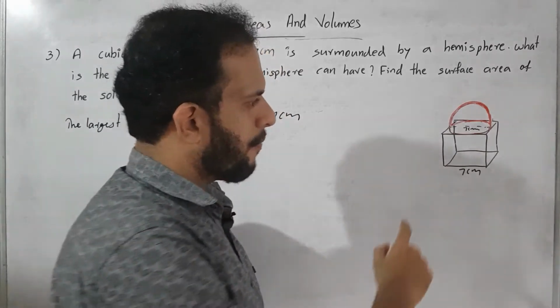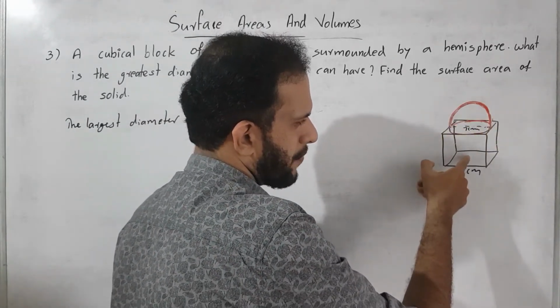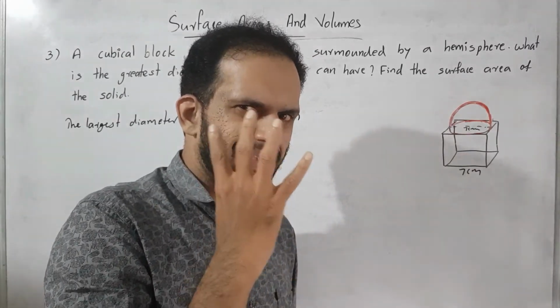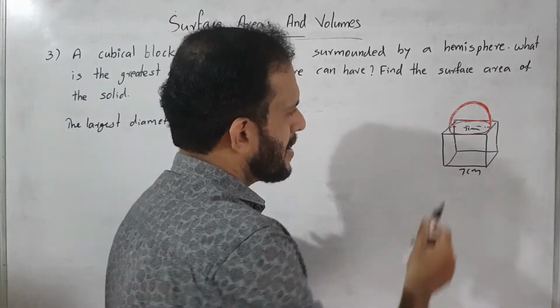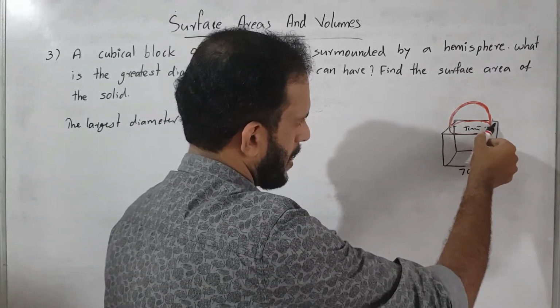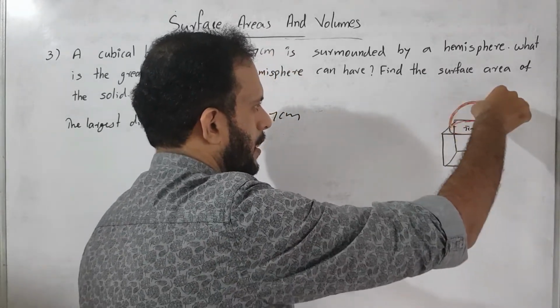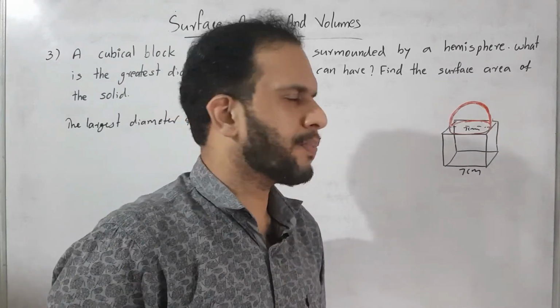Okay, that means 4 lateral face areas plus 1 base face area means 5 face areas, that means 5a square plus the areas of the corners plus the lateral surface area, meaning the curved surface area of a hemisphere.